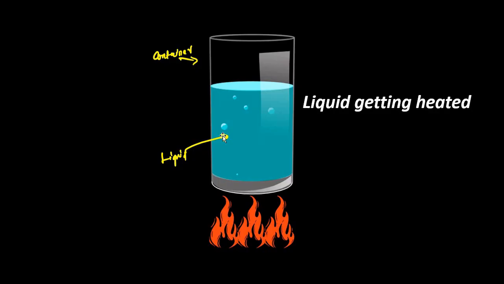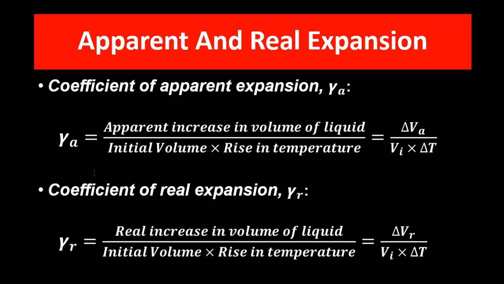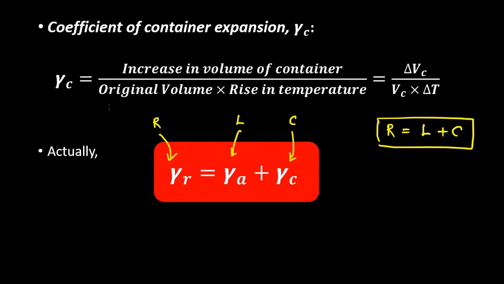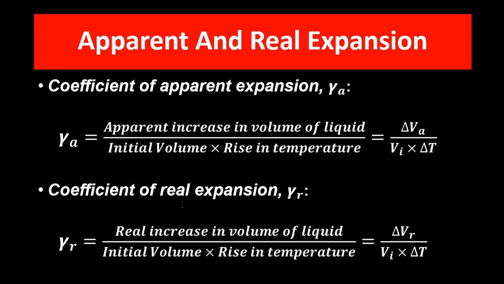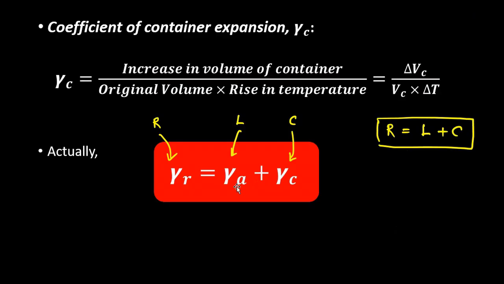It is not, one is not isolated from the other. Yes, the liquid is also undergoing thermal expansion, which is given by gamma A, the apparent expansion. The container is also undergoing thermal expansion, gamma C, but together it is real expansion, coefficient of real expansion. So gamma R is equal to gamma A plus gamma C.